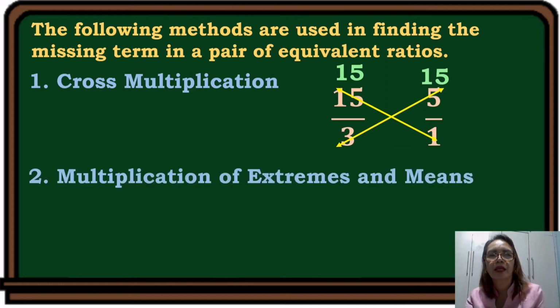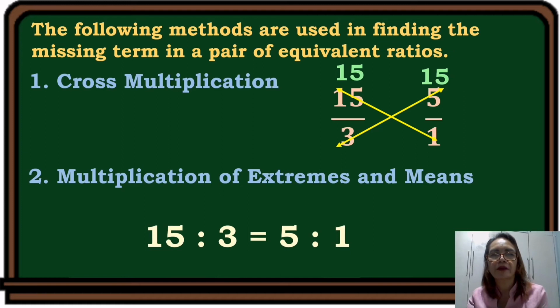Okay. Another method is the multiplication of extremes and means. So, of course, we are going to write these 2 ratios in a proportion, because extremes and means are terms used in proportion. These are the parts of proportion. So, we can also check if the 2 ratios are equal using this method. What do you mean by extremes?